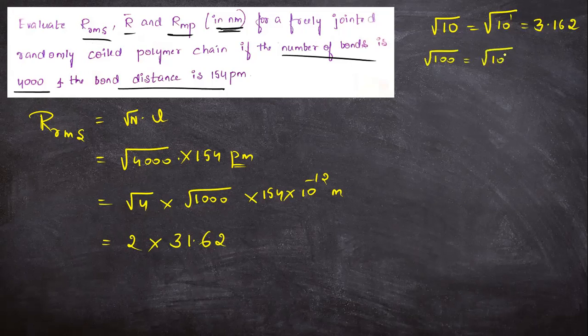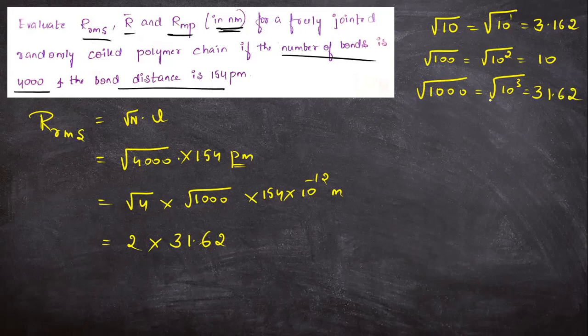Can I simply write it as root of 10 raised to 2? Its value we already know, it will be 10. The problem is with root 10, root 1000 like this. Root 1000 is 10 raised to 3, so it will be root 10 into 10. If you remember root 10, then you can easily remember root 1000. Root 10 is 3.162, root 1000 is 31.62 like that.